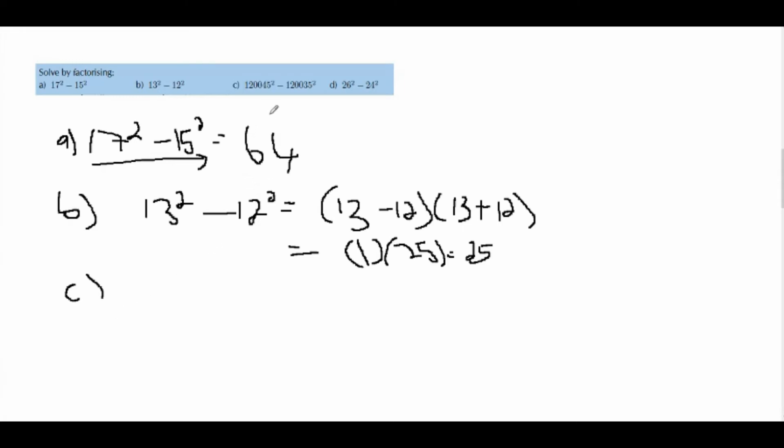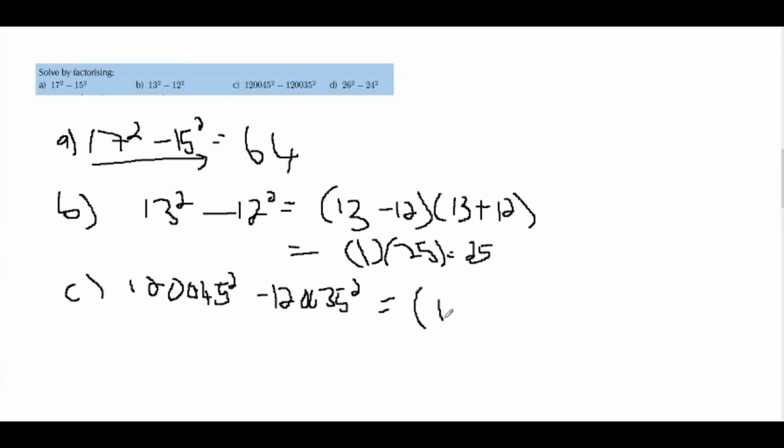C. This one looks pretty hectic, but it's not. We just use the same methods. So we're going to have 1,200,45 squared minus 1,200,35 squared, and then we do the same thing.